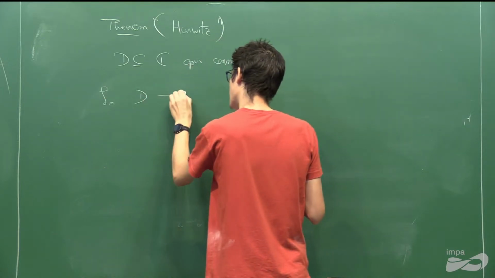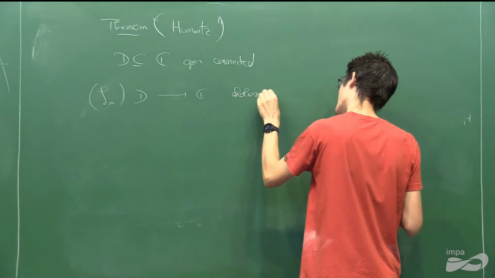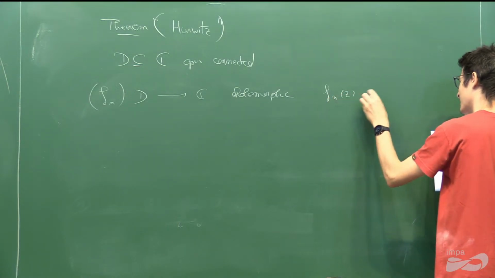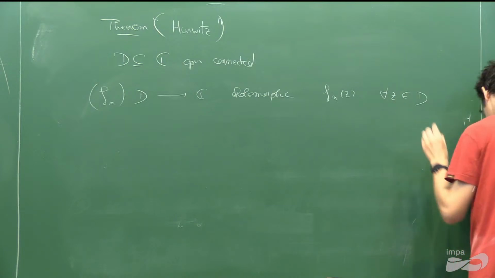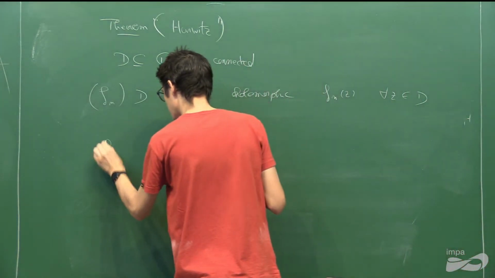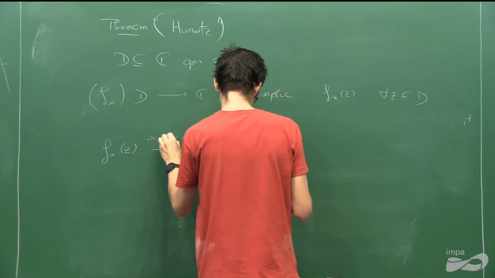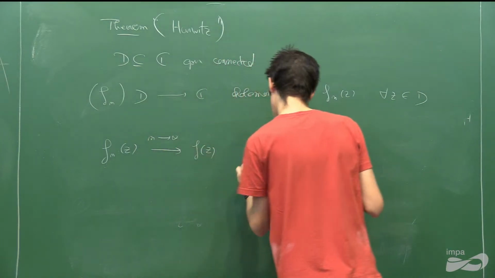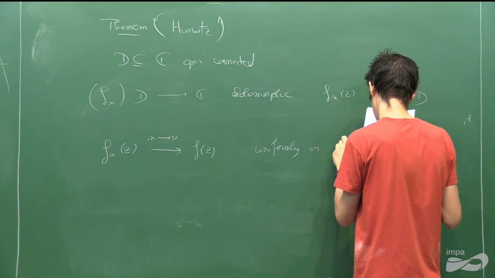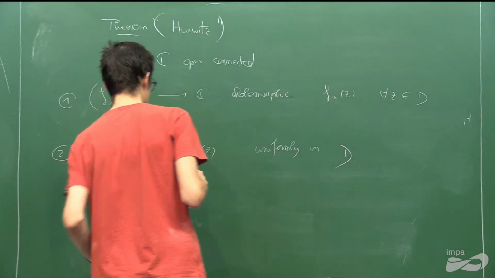Fn, a sequence of holomorphic functions, which doesn't cancel on D. Okay, then what we have is that Fn on D converge, when n goes to infinity, to F uniformly in D. Okay.